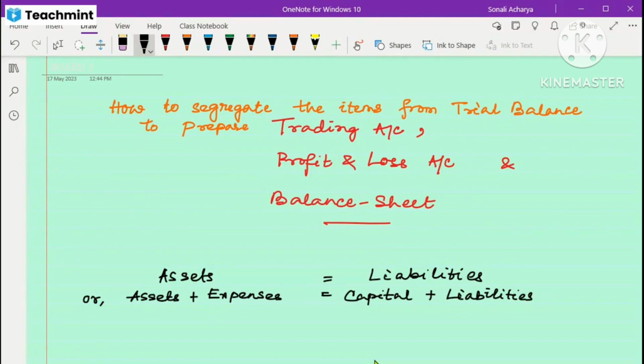This is owner's equity, this is outside or other liabilities, plus if any type of revenue is generated from the business, or any type of income or gain. Or on this side, any type of losses.